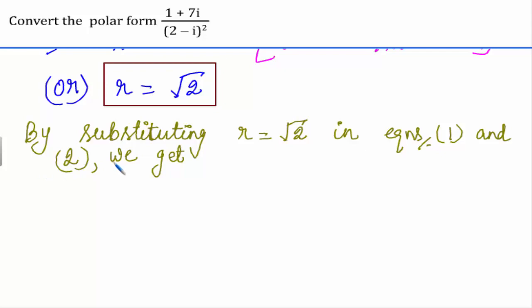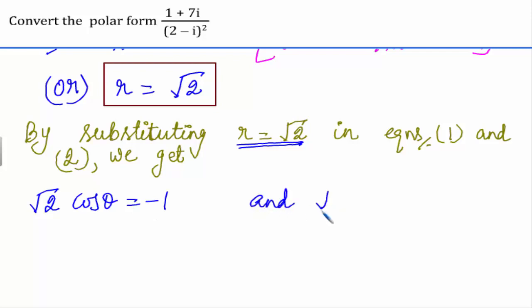By substituting r is equal to root 2 in the equations 1 and 2, we get root 2 cos theta is equal to minus 1 and root 2 sin theta is equal to 1.